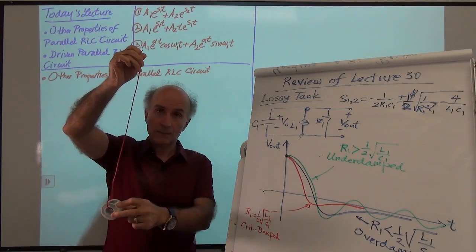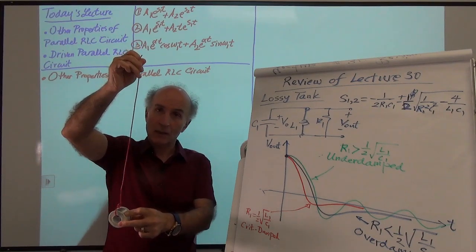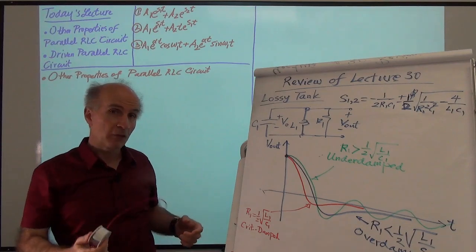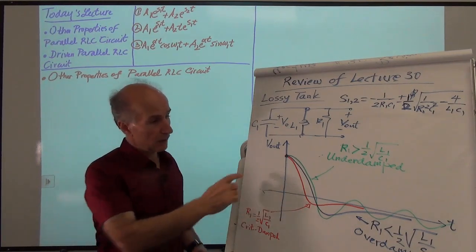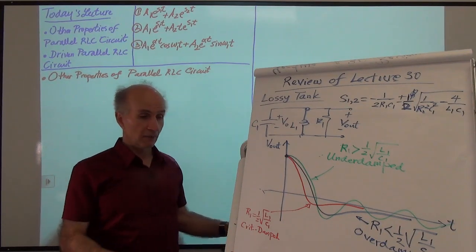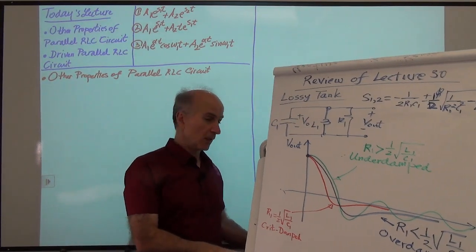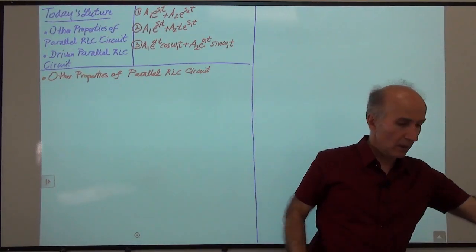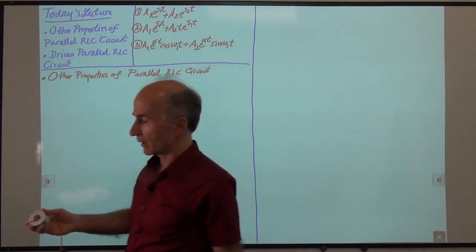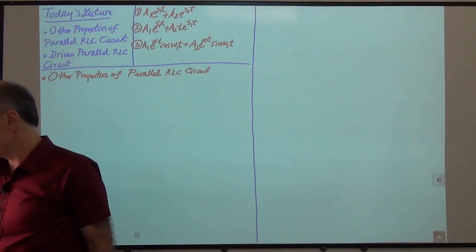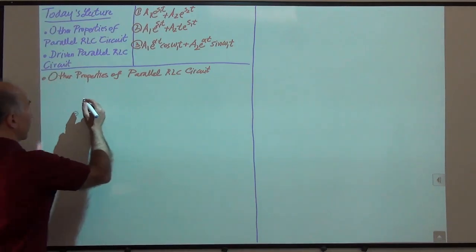So it just goes a little bit past that point and then gradually comes back to that point. So very roughly speaking, the pendulum could respond like this blue waveform if it were immersed in something very lossy, meaning with a great deal of friction. So that's one point that I wanted to mention in conjunction with the pendulum. But there are some other interesting things that we should look at.